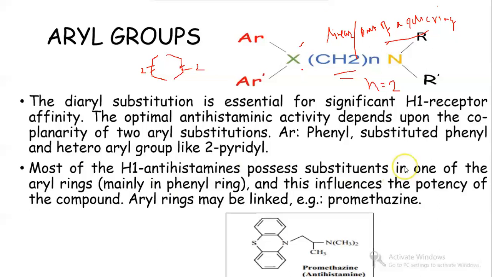And the next part is this X. I have already told you X may be carbon, oxygen or nitrogen. If we put oxygen or nitrogen, the electronegativity is more, meaning there is more polarity on this side, so it has a chance to introduce more polar interaction with the receptor, including hydrogen bonding.